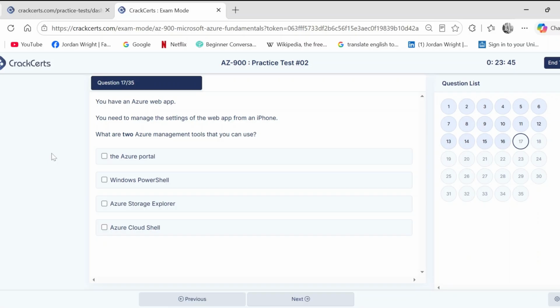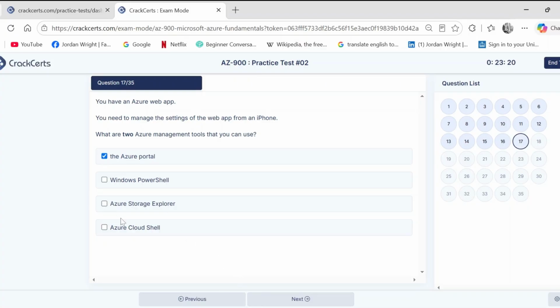Okay, I have an Azure web app. So from your iPhone, what are two management tools you can use? You need to manage the settings of the web app. So it's Azure Portal and maybe PowerShell.